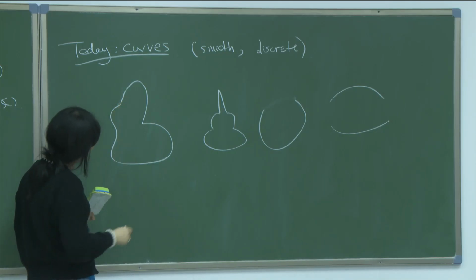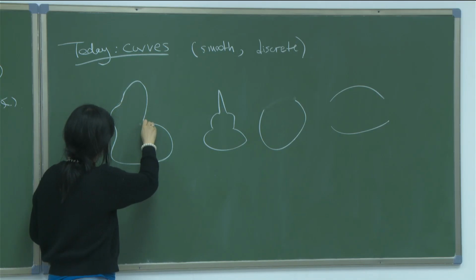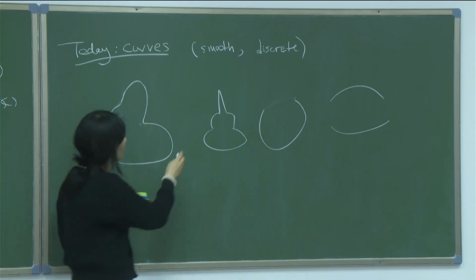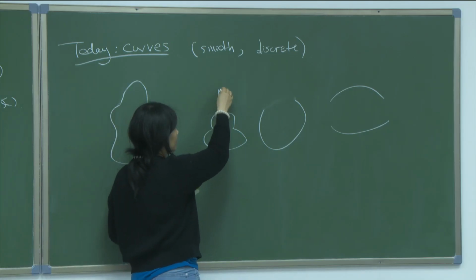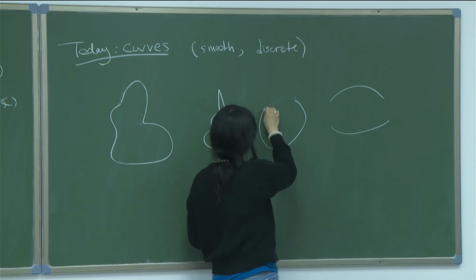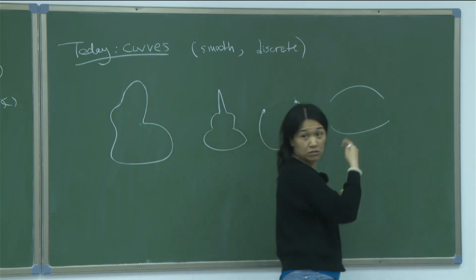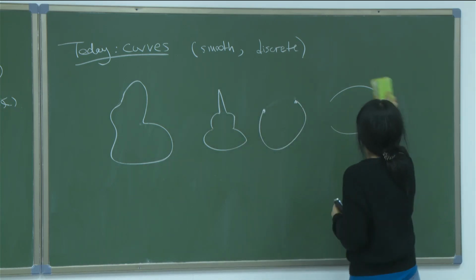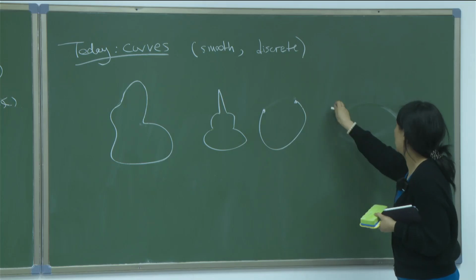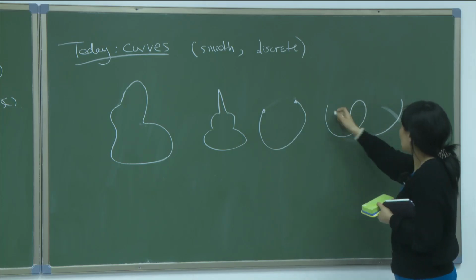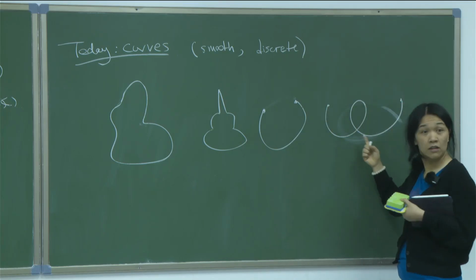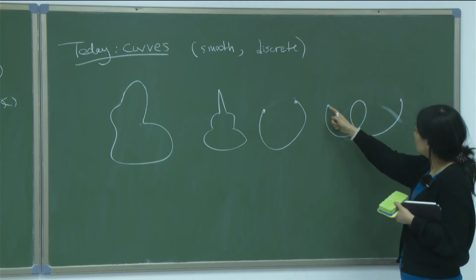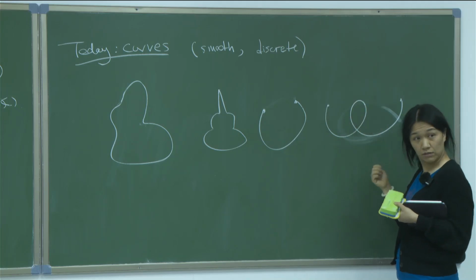And maybe this one is also a smooth plane, yeah? Everything is smooth, right? Here we will have one singularity in a sense. Okay? And here we have a not closed curve. But a curve would also be something like this. And then you can have self-intersection. And it can be closed or not closed, right? Okay.